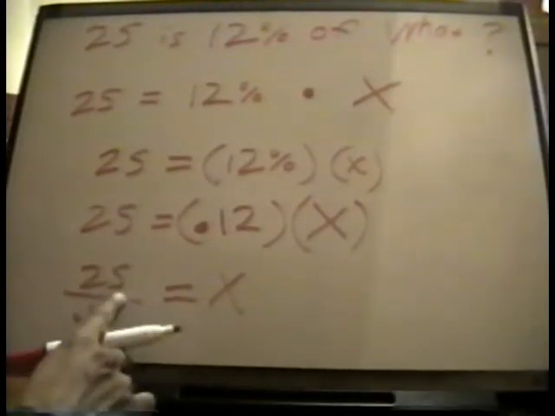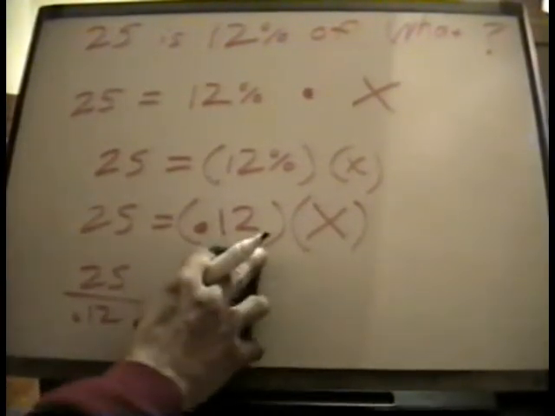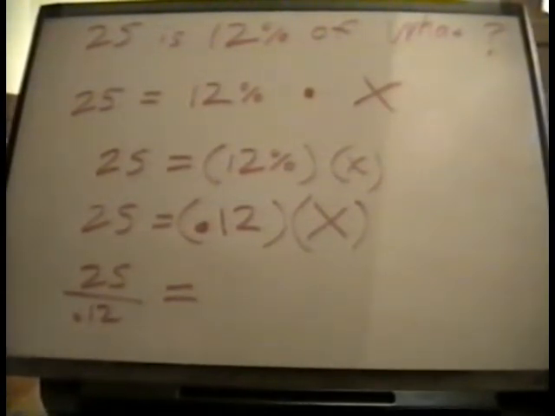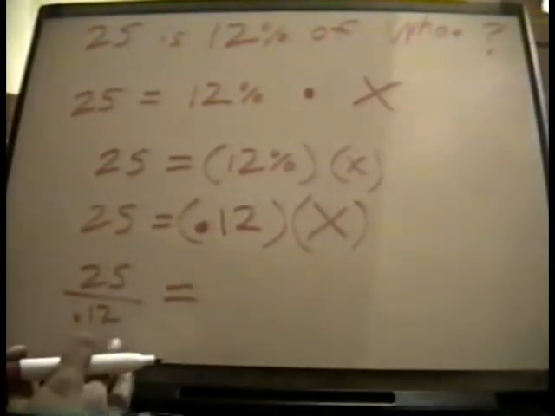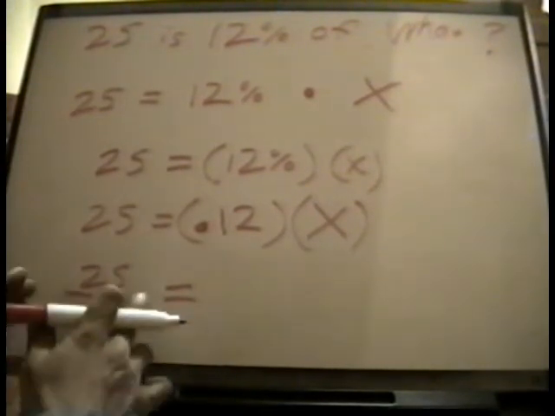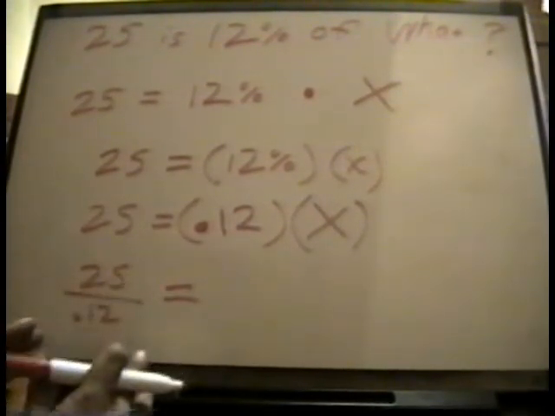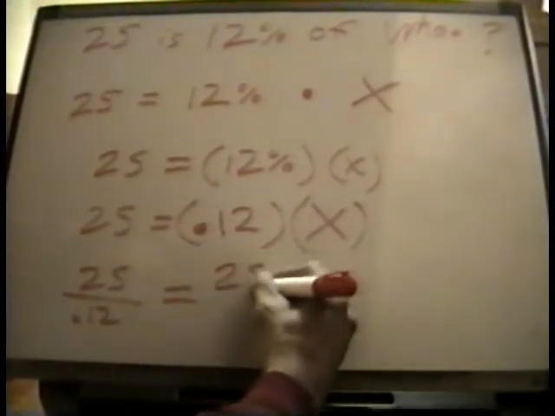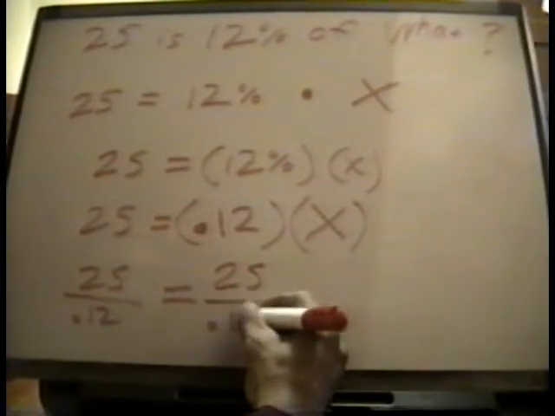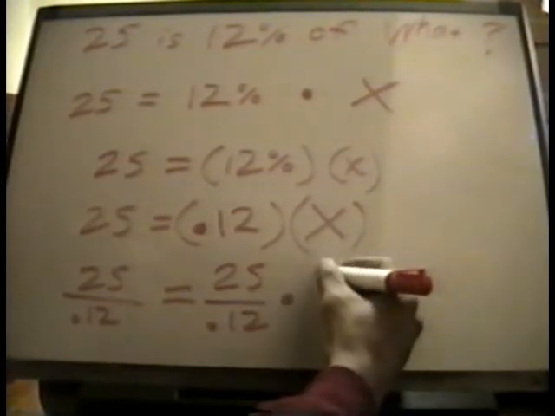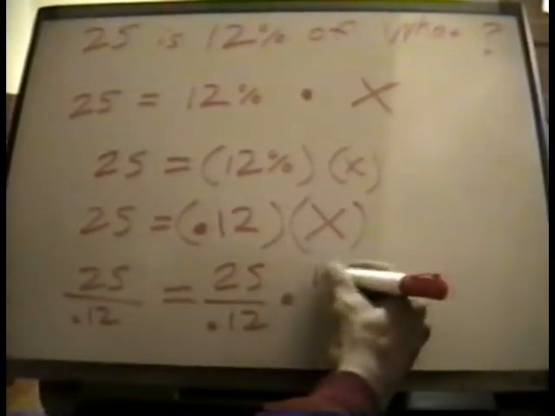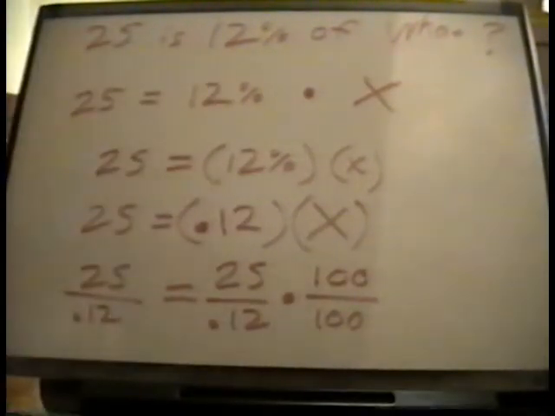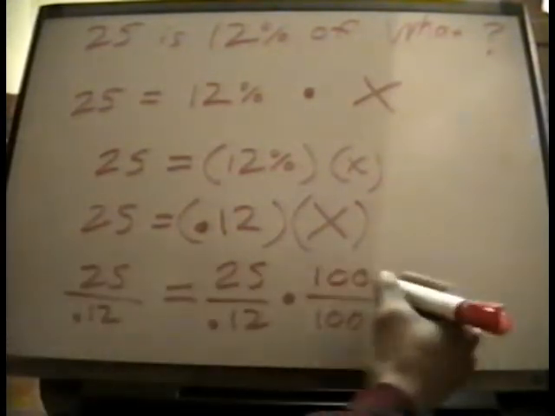We have to multiply both the numerator and the denominator by a power of 10 such that the result will render a fraction whose numerator and denominator are each whole numbers. So we multiply both 25 and 0.12 by 100.